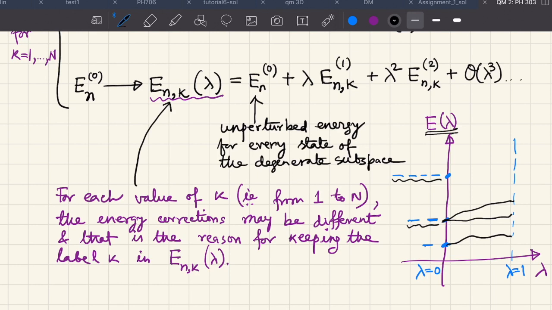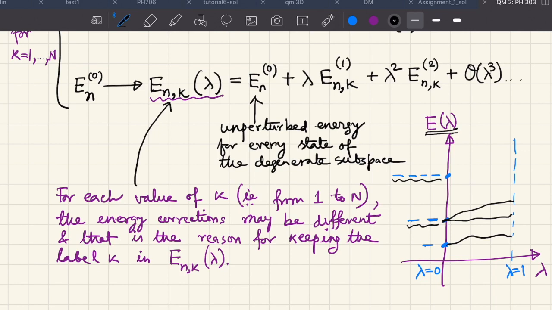It may so happen that after applying the perturbation, the degeneracy is broken in the first order itself, and these E_{n,k}'s become different values or different numbers for different k. Because they become different numbers, they are going to split the states, and we will call that the degeneracy is broken, or degeneracy is lifted, or degeneracy is removed.